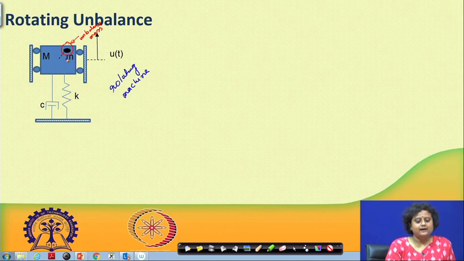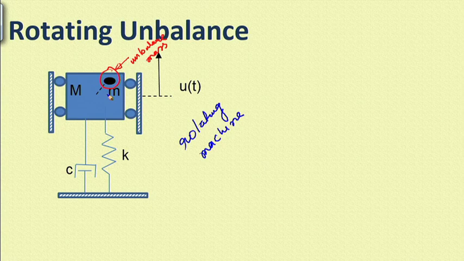Now, what we have done is that we have tried to keep the problem simple. We have said that the total mass that is unbalanced is small m, and that it is located at a distance e from the axis of rotation.